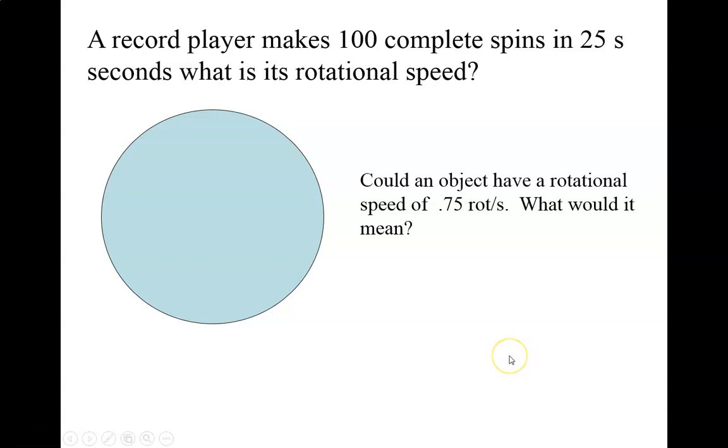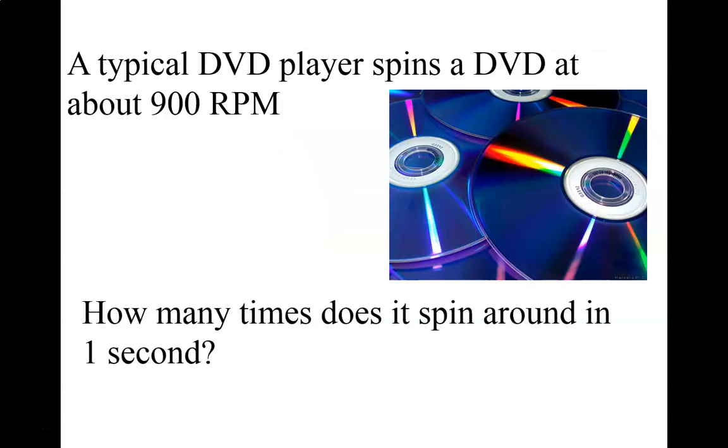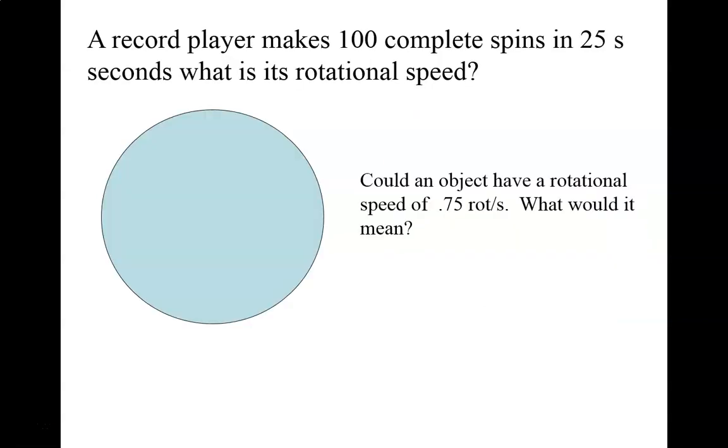So a record player makes 100 complete rotations in 25 seconds. What's its rotational speed? Well, we're looking for rotations per second, which means we want our rotations number up top and our seconds number on bottom. So it'd be 100 rotations divided by 25 seconds, which gives us 4 rotations per second.